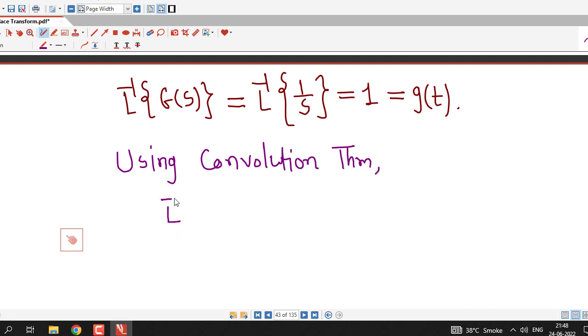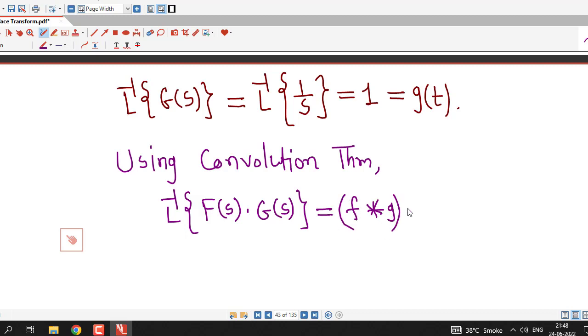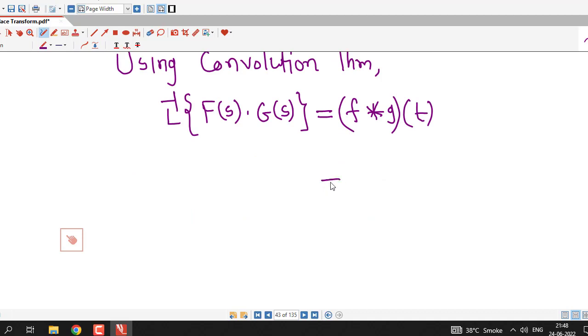We are interested in the inverse Laplace transform of capital F into capital G. By convolution theorem, this is equal to convolution of small f and small g, and by the definition of convolution, this is integral from 0 to t of f of u g of t minus u, integral with respect to u.